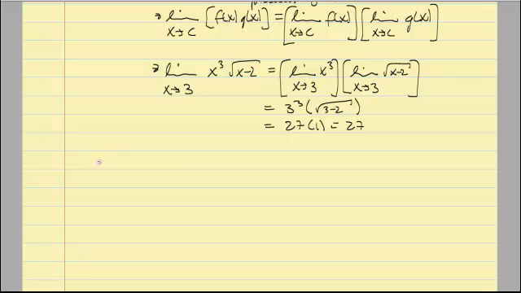Let's go ahead and look at our fourth law. Well, we've looked at sum, difference, and product, so what we're left with is quotient. So let's go ahead and look at the quotient law. With the quotient law, what we're going to say is the limit of a quotient is the quotient of the limits.